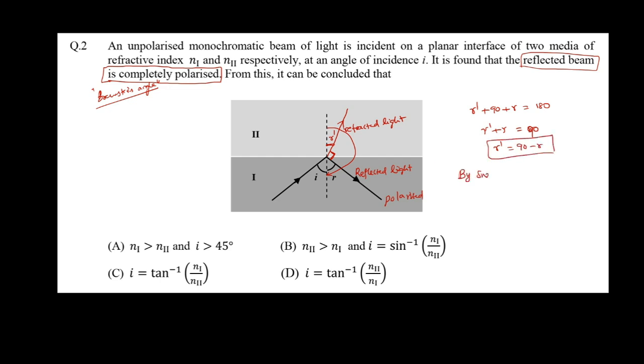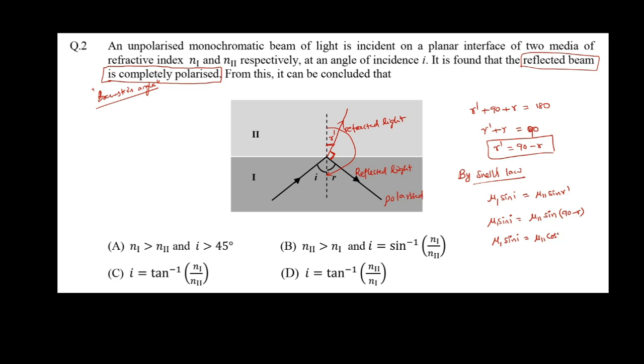By Snell's law, mu 1 into sin i should be equal to mu 2 into sin r dash, which can be written as 90 minus r. So mu 1 sin i is equal to mu 2 cos r.